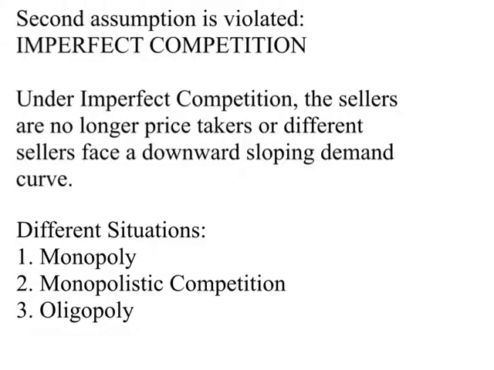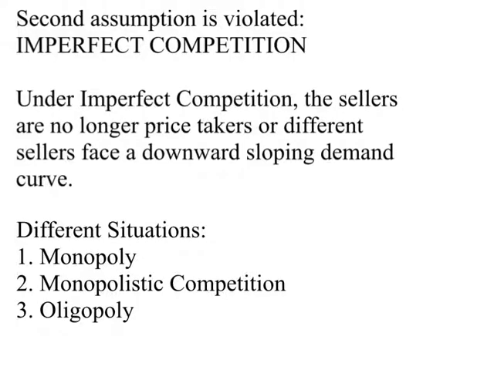Now, you might remember from perfect competition that different sellers are price takers. Under imperfect competition, the sellers are no longer price takers, or in other words, they have some control over the market or the price, and we know how it works.